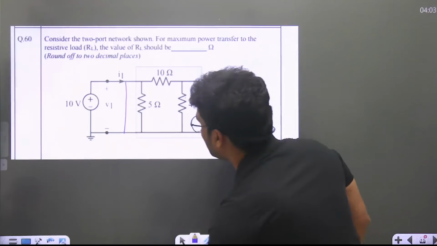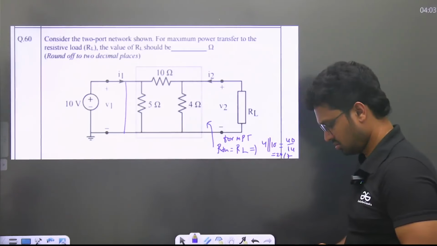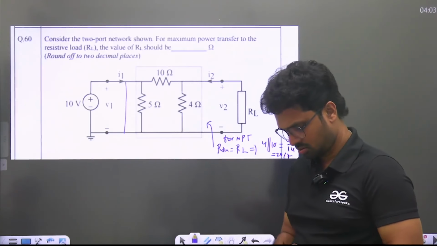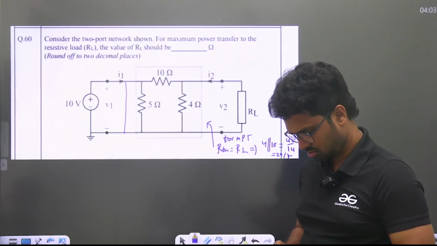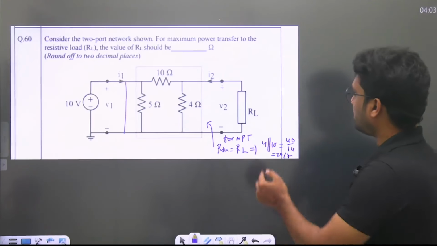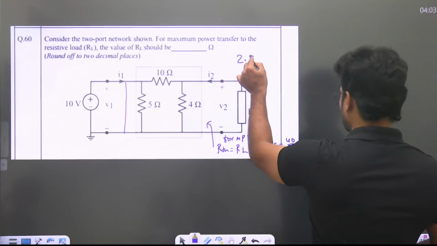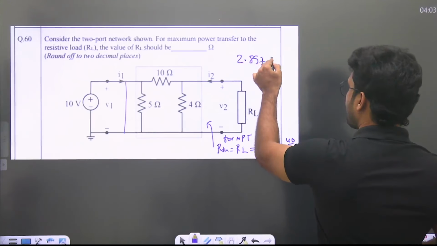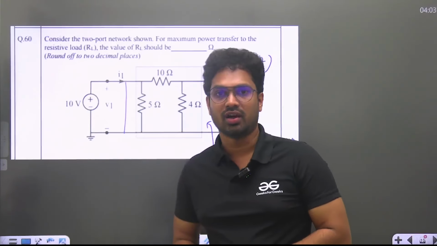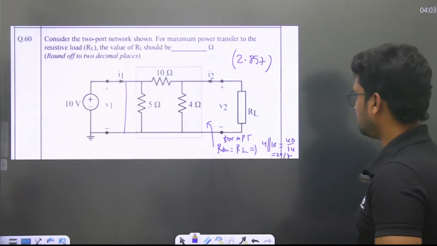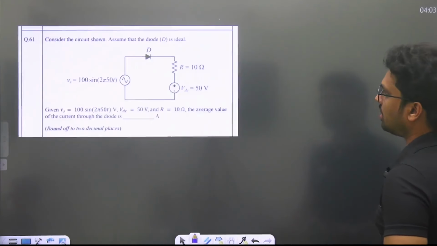What is 20 by 7? Let me apply again. 2.857. So that is the value of RL required for maximum power transfer. No mark question. Yeah. Okay.